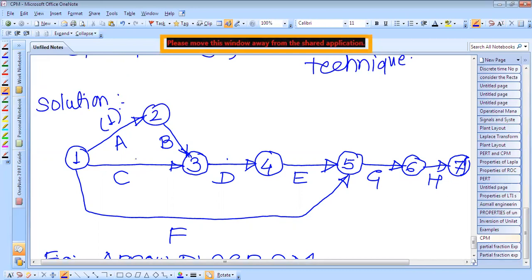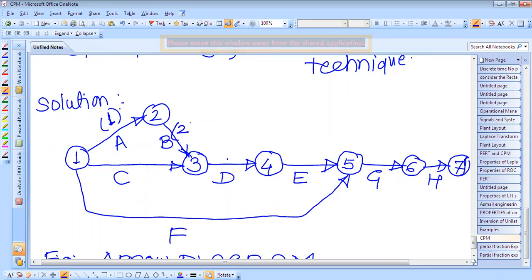estimator with past data, and therefore he has given the time of 1 day for activity A, placing the orders. And once he placed the order, how many days are required for waiting for that material from the market? He has the past data, and the number of days required is 3.